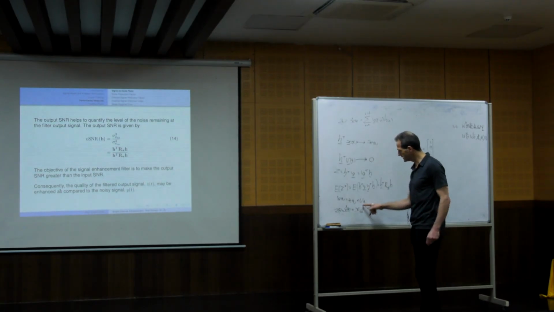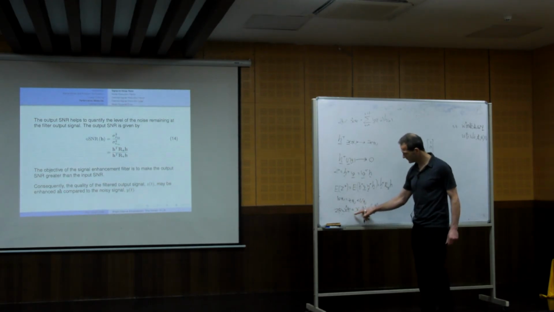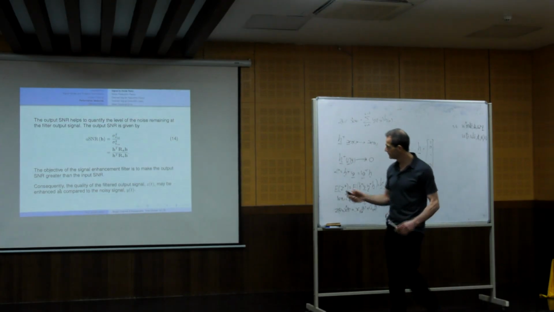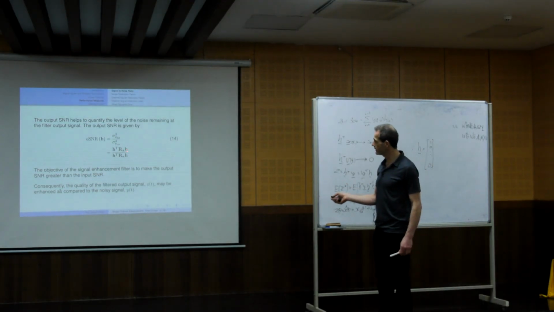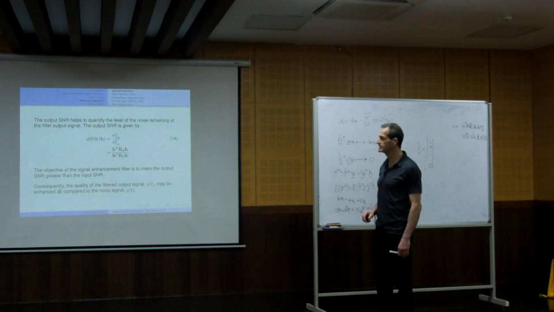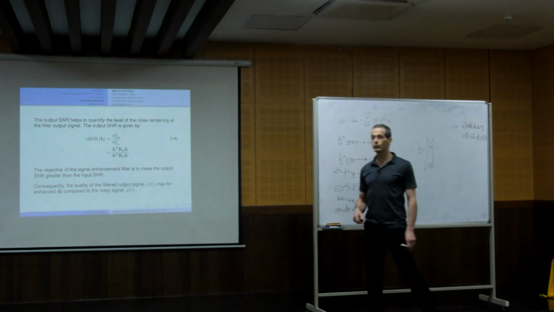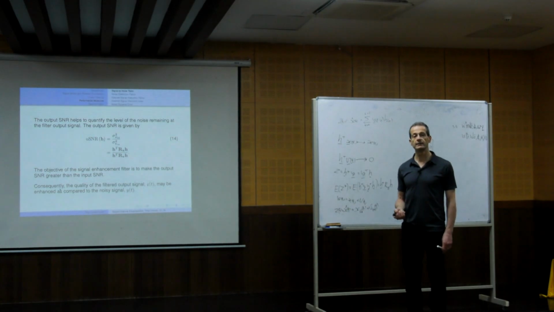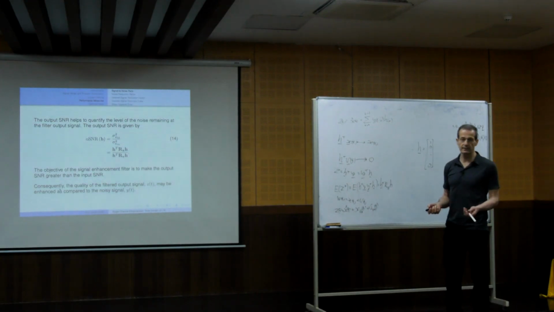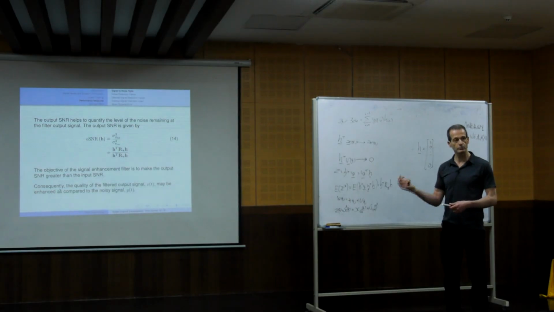So the output SNR is the ratio of the variance of X filter desired by the variance of the residual noise. So it's H transpose Rx H divided by H transpose Rv H. This is the output SNR. And what is the gain in signal to noise ratio after filtering? The gain in SNR is the ratio between output SNR divided by input SNR.